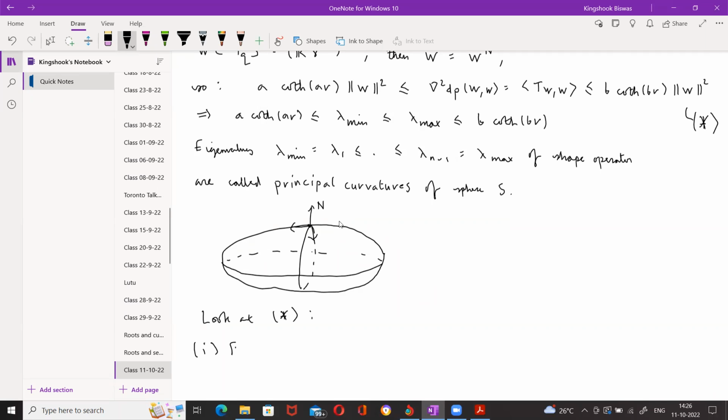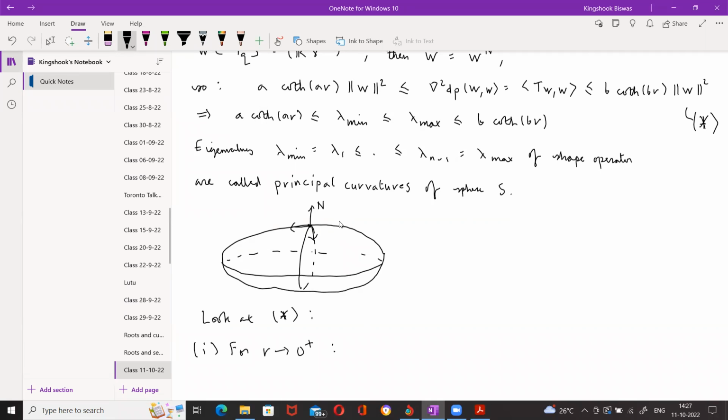For R tending to 0, the left-hand side, coth AR, just looks like 1 over AR. Coth x looks like 1 over x for x small.